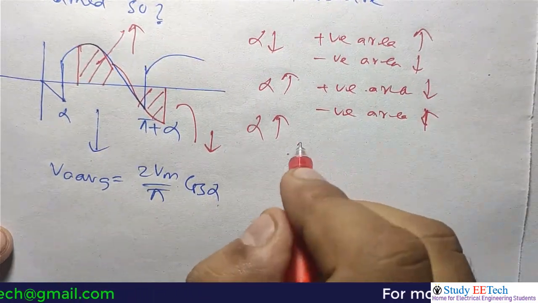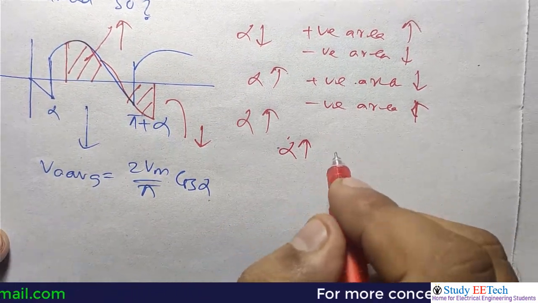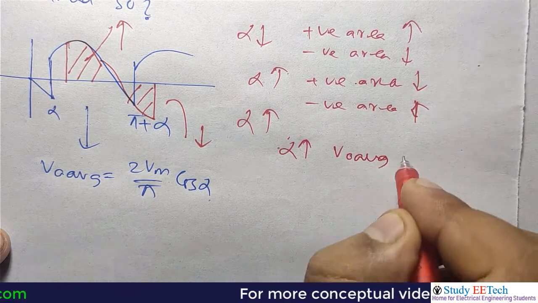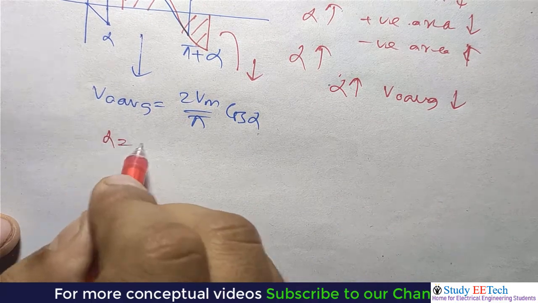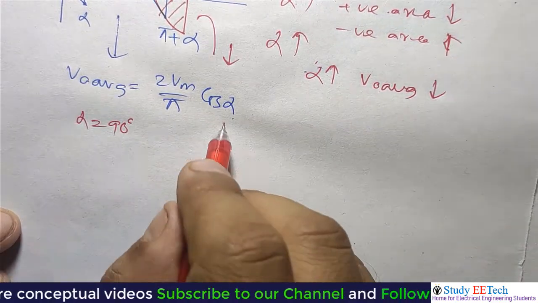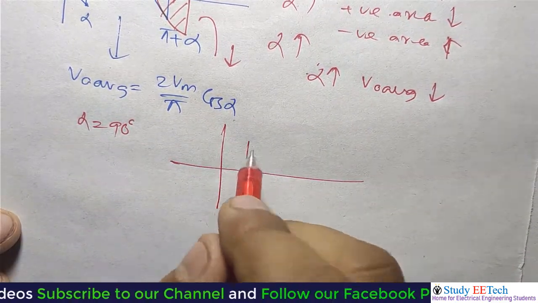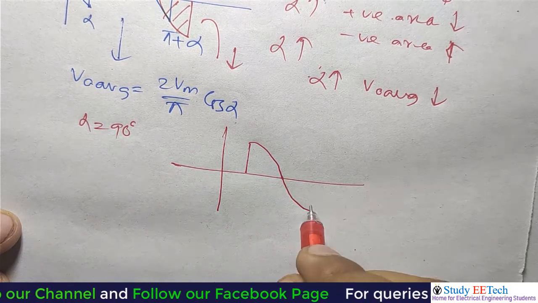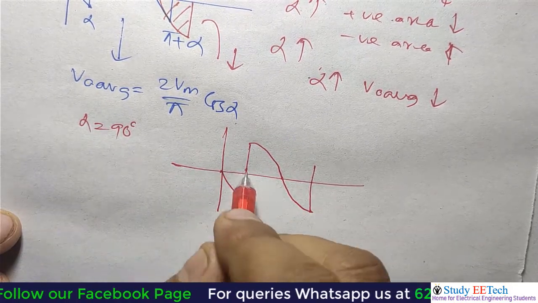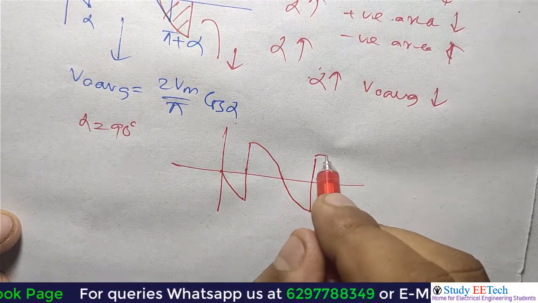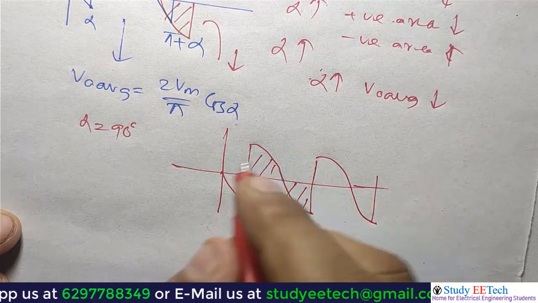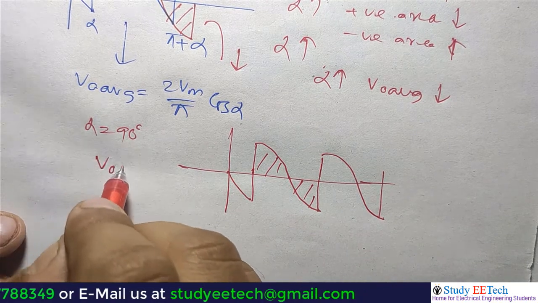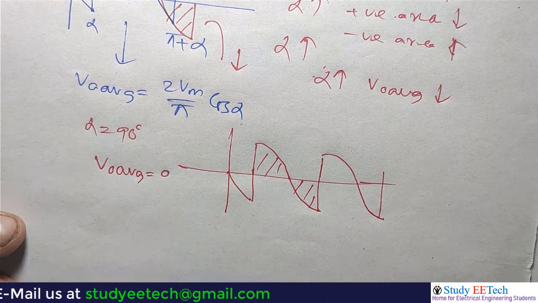So basically with the increase of alpha, VO average is decreasing. Now if we make alpha equal to 90 degree, what will happen? So exactly this one and this one, we will get this sort of voltage. So basically when these two become same at alpha equal to 90 degree, VO average will be equal to 0.